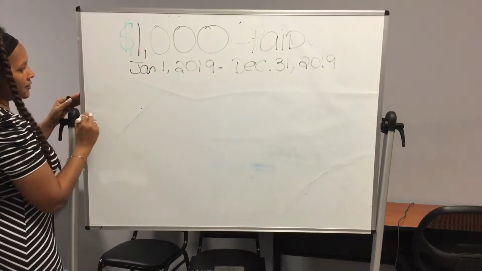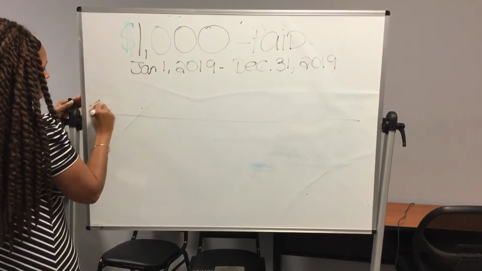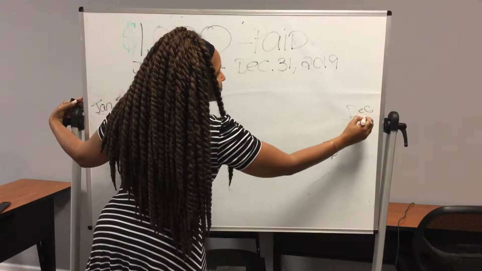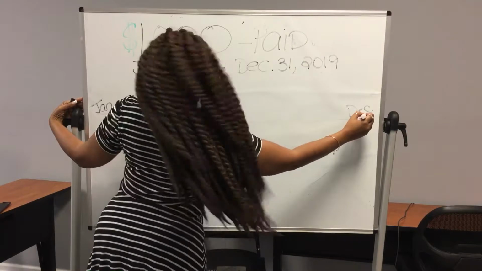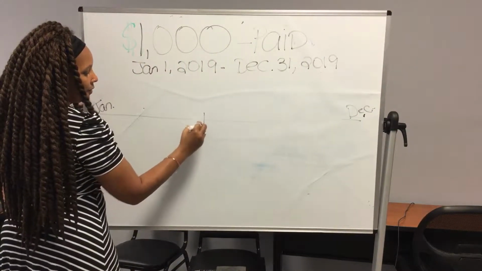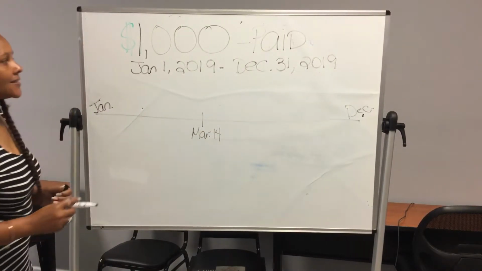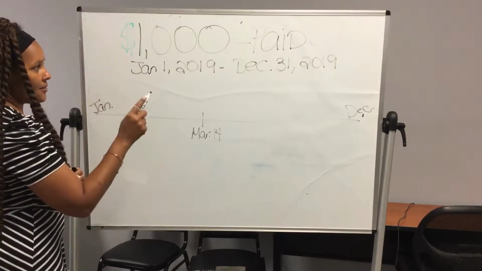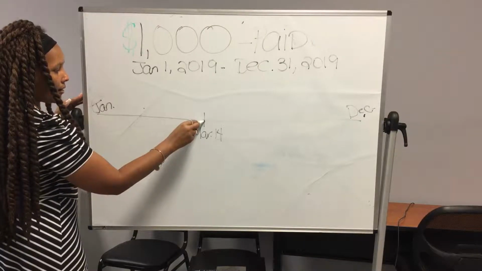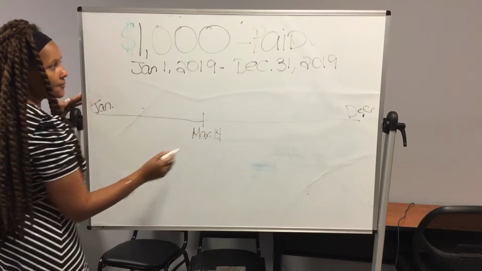If the closing took place on, let's say, let's say they closed on March 14th. Again, the taxes have been paid, which means the seller is responsible for the first day of the year all the way up to closing date.